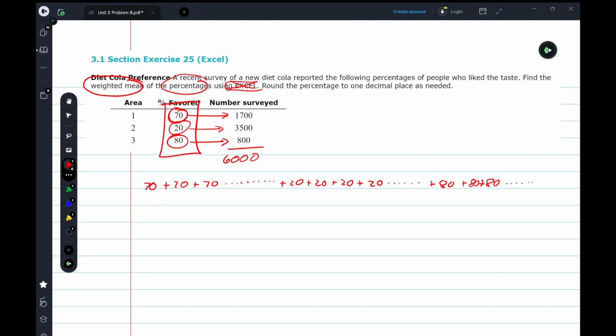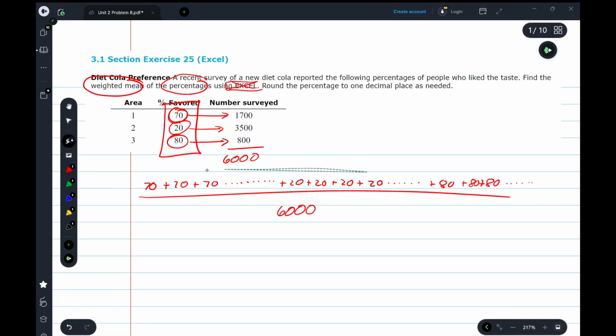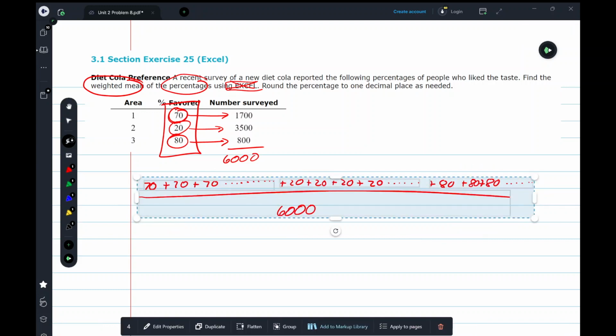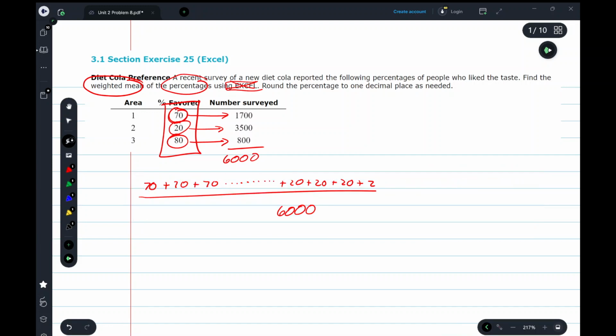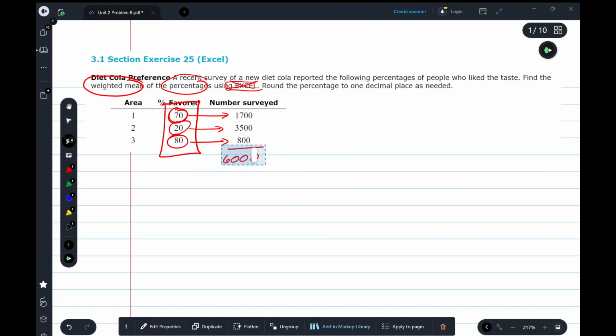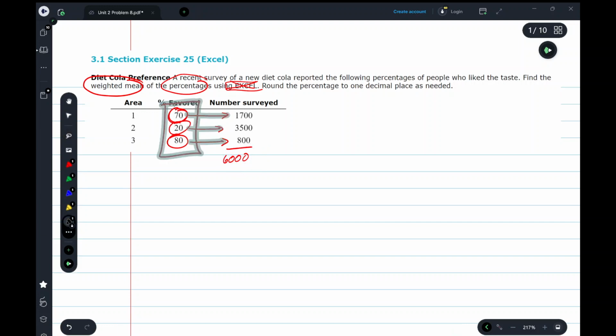I would add all of those values up and divide by 6,000. That is how I would accomplish my weighted mean, except we're definitely not going to do it that way. There are other ways, and there's a simple formula that allows us to accomplish this fairly smoothly. It's the weighted mean formula.